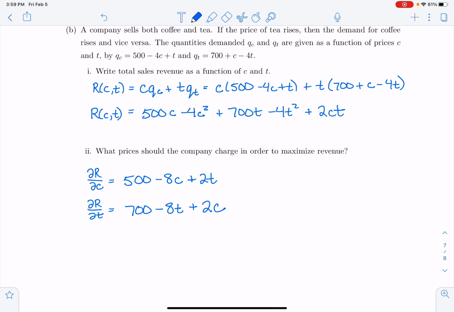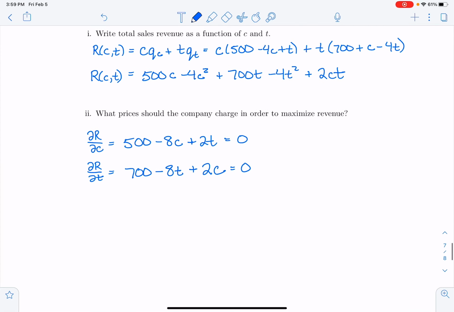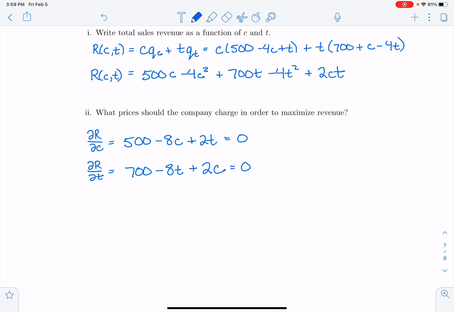So let's write these equations out when we set them equal to 0. I'm going to have negative 2T plus 8C equals 500, and then 8T minus 2C equals 700.